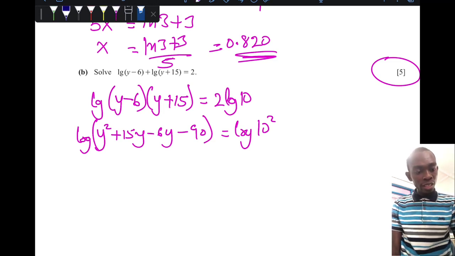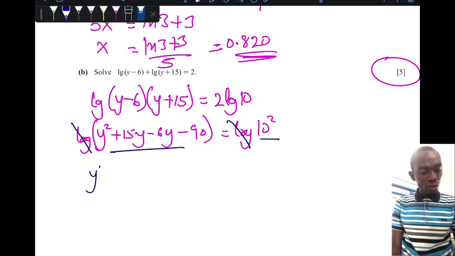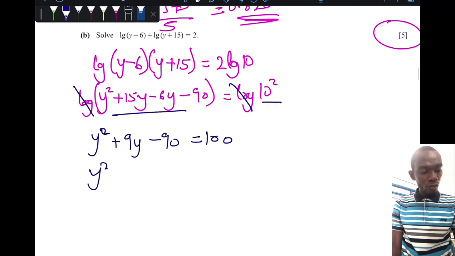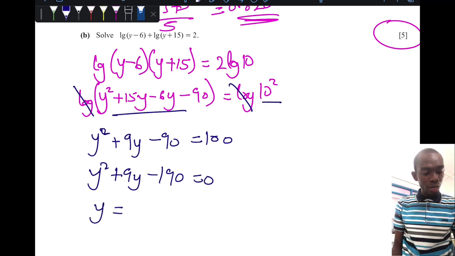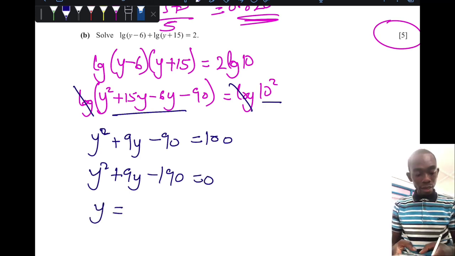So if this and that are the same, then this will be equal to that. So you have y squared minus 9. No, it's actually plus 9y minus 90 equals 100. So we are going to have y squared plus 9y minus 190 equals 0. y will be equal to what? I'm going to use calculator to do that in exam.